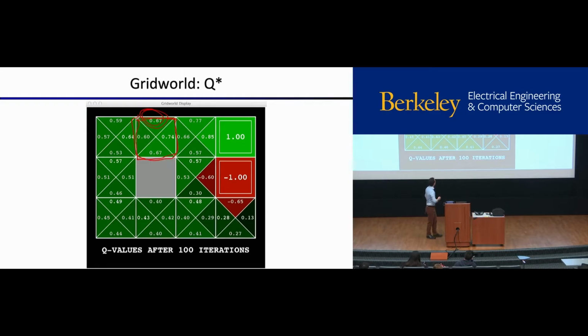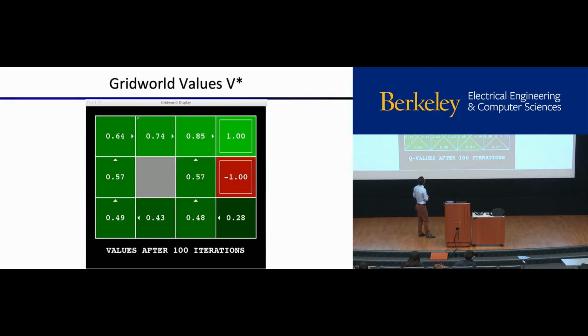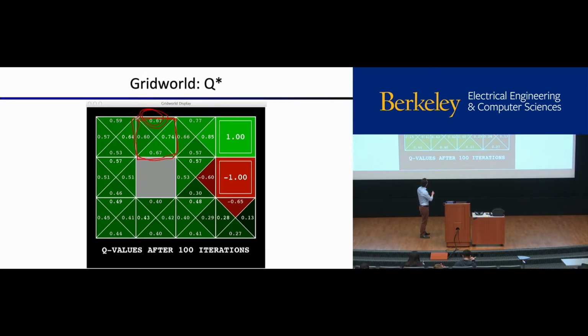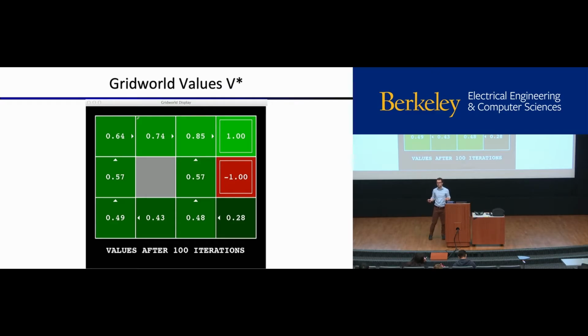And if you're wondering why this one is 0.74, it's because we've decided that the optimal action is to go to the right. The optimal action is to go east. So 0.74 is the Q value of the optimal action. And 0.74 happens to be the value of the state also, because the value of the state says I'm going to act optimally. So these things have an intimate connection between them. Hopefully that makes sense.